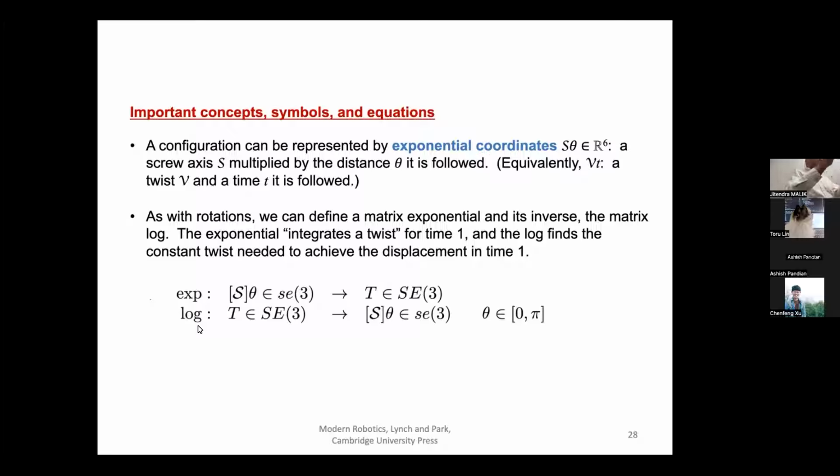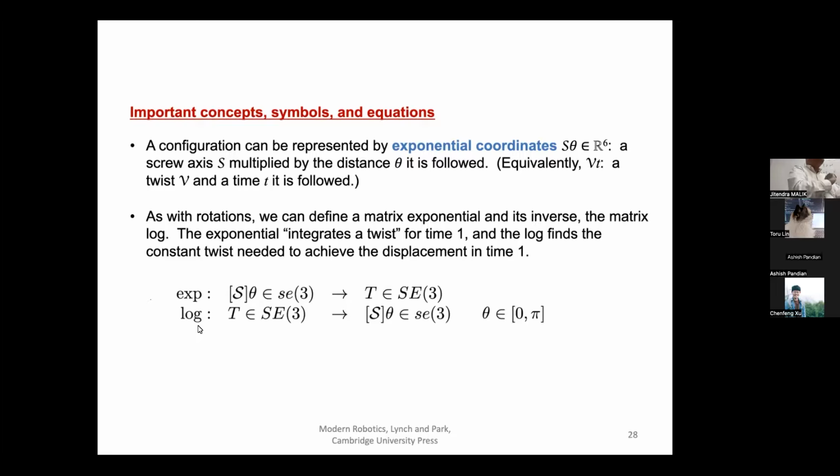A group operation does not need to be continuous, but when a group is a manifold, then you have that additional structure. And when you have both of these structures, you get what's called a Lie group. And when you consider the so-called tangent space of this manifold, that gives you what's called the Lie algebra. And what we have done here is a special case of that fancy theory.